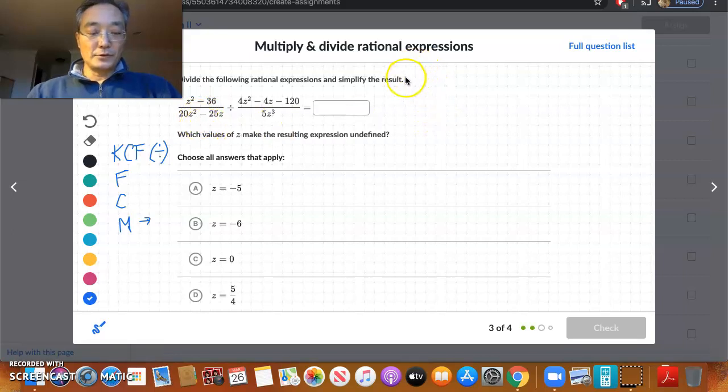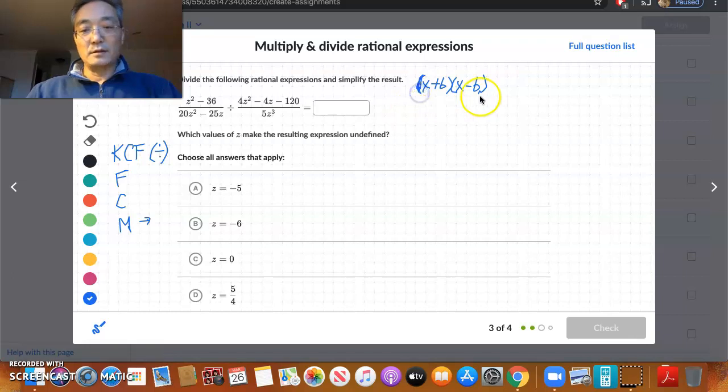Okay, so we are going to first factor, and I'm going to keep, change, flip and also factor at the same time. I hope that doesn't confuse anybody. I'll go really slow. First thing, this is again a difference of two perfect squares, so that's going to factor into (x plus 6)(x minus 6).